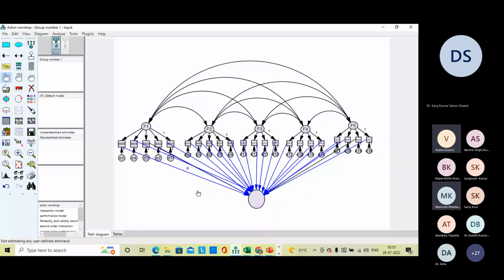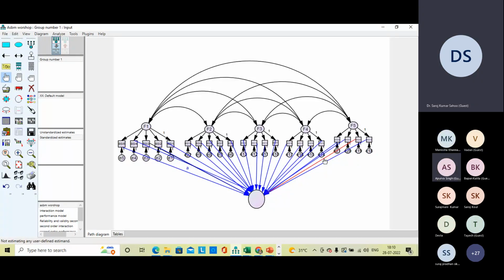Yes, sir. Now every arrow mark has been blue.